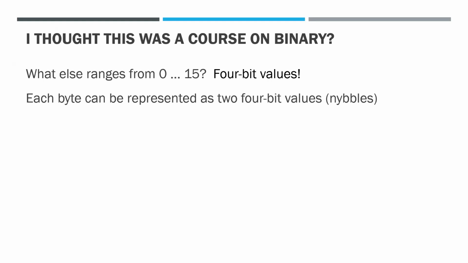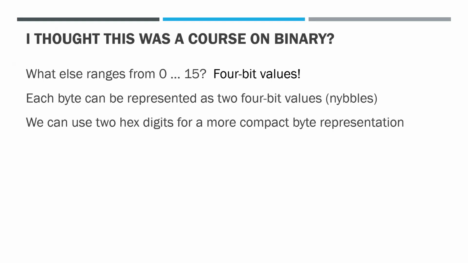That means that you can represent a byte, 8 bits, as 2 hex digits. And it's a lot more compact representation of a byte than having 8 ones and zeros, right? Instead of filling up 8 places on your paper to represent a byte, we can just write down 2 hex digits to mean the same thing.